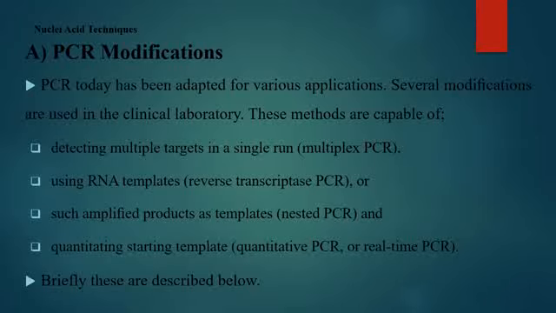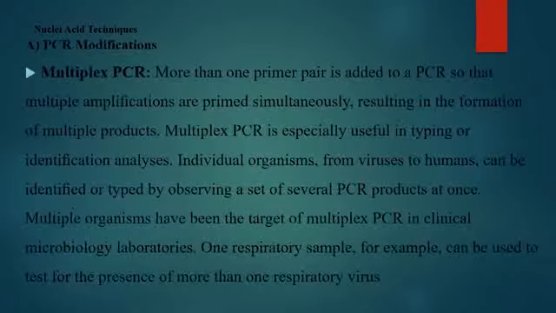That is quantitative PCR or real-time PCR. Any of these are modifications of the regular PCR that are done. So we'll look at these briefly, how each of these works.